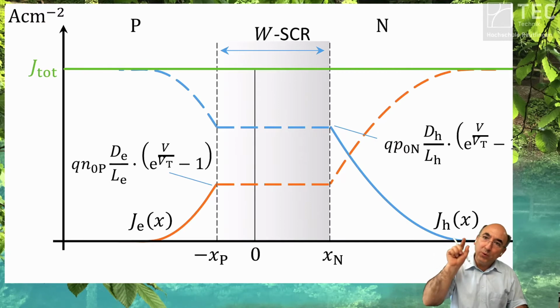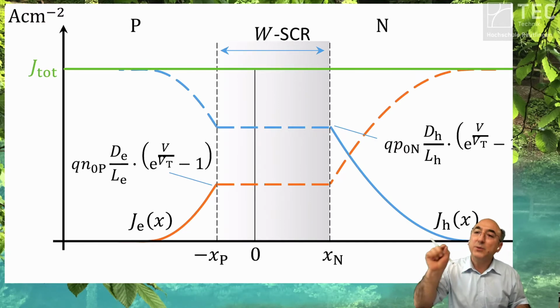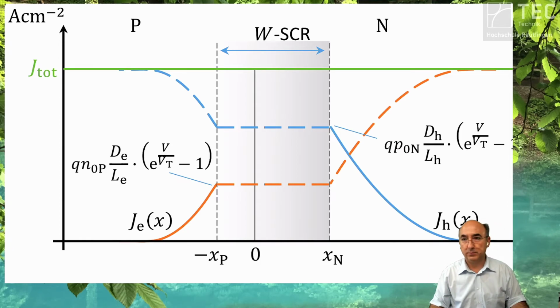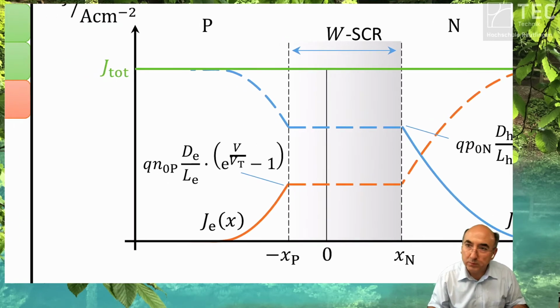Well, if we have this current density here, we have the same current density compared to here. Now we have all values to calculate the complete current. How? If we know this current here, and if we have the complete current here, then the rest is from the holes.